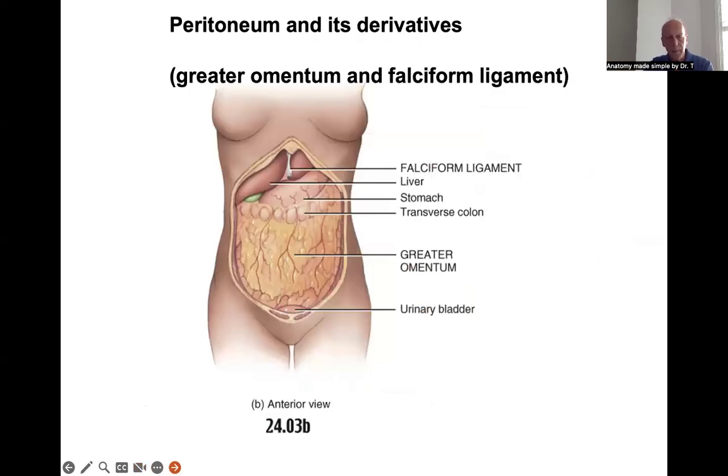Now, from the anterior direction, this is what the greater omentum looks like. It is called a lacy apron, and it really is yellowish because it contains lots of adipose tissue and blood vessels. The adipose tissue is there in the case of some people who appear to be quite lean, not having enough adipose tissue under their skin.